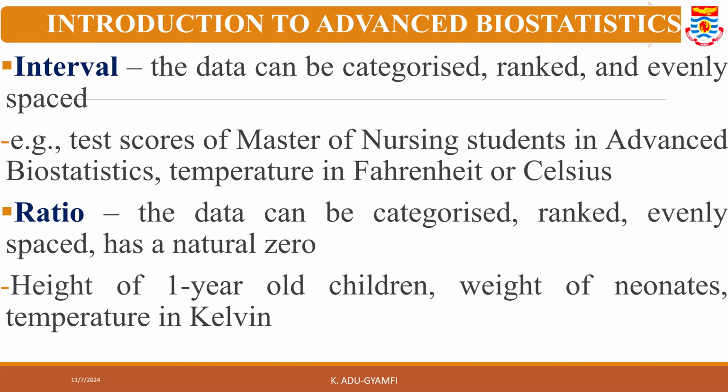Okay. So whenever you have a variable that is ratio, the researcher can consider that same variable as a nominal when need be. The researcher can consider that same variable as ordinal when need be. The researcher can consider the same variable as interval when need be. Thank you very much. You're welcome.